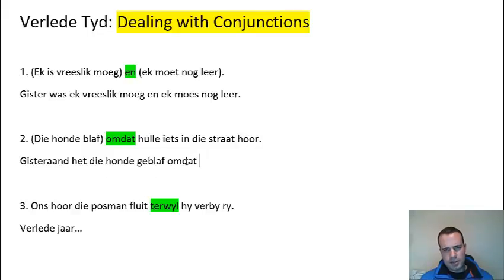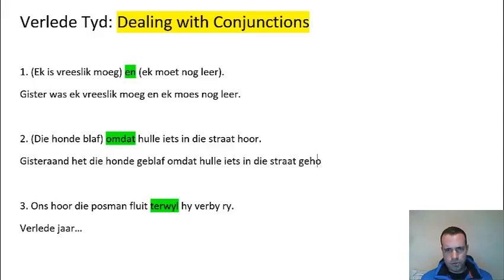Now, het will now be your verb 1. And het is going to sit at the end of this sentence because of the omdat. Okay, hope you're following. It's quite tricky. Hulle iets in die straat.